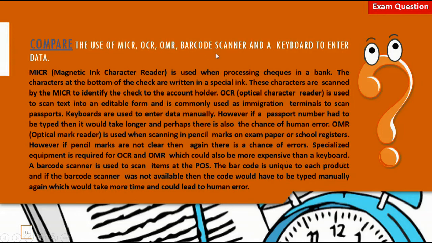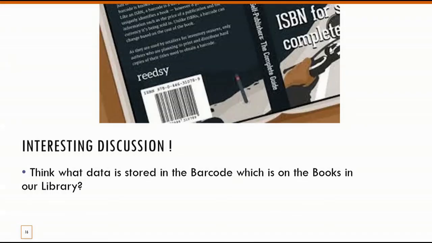The barcode scanner is actually used at POS stations, point of sale terminals, to scan items which have a barcode that will give the details of that product. And again, if a barcode scanner is not available, you have to type using a keyboard. That takes more time and can lead to human error. So this is a complete comparison between all these 5 data entry devices.